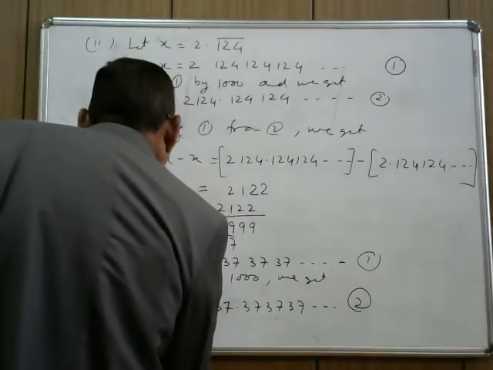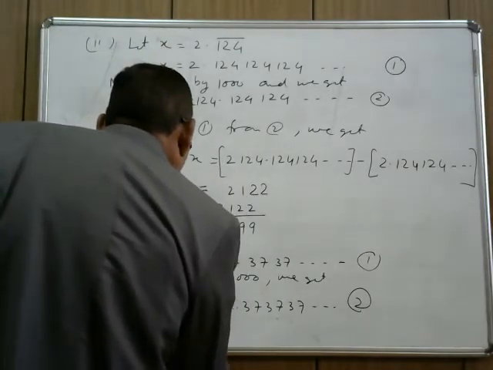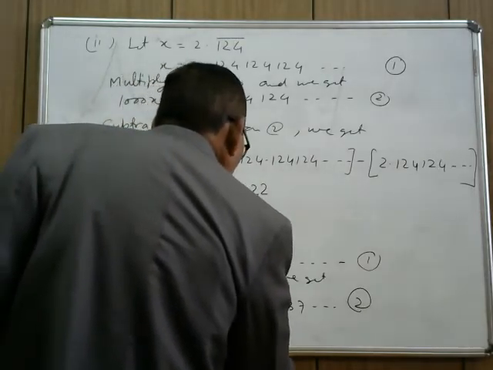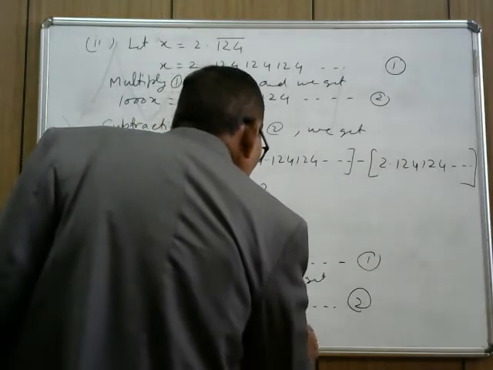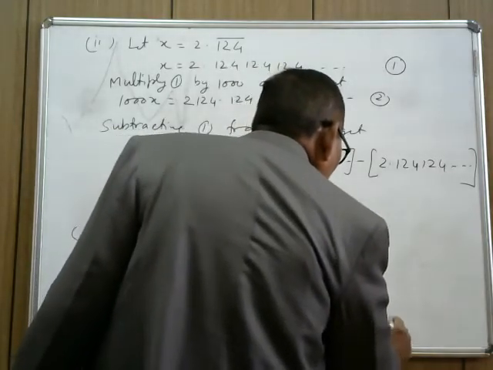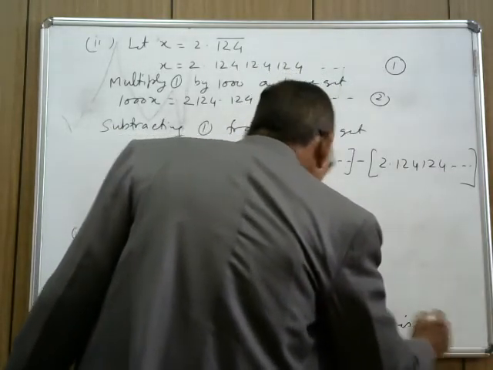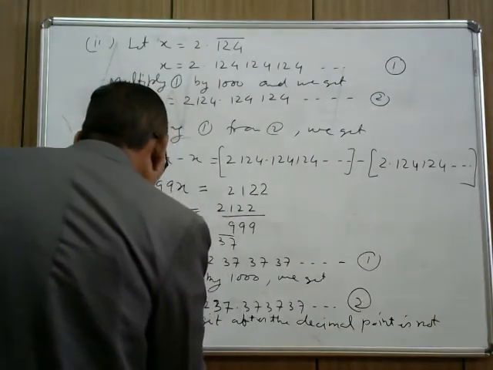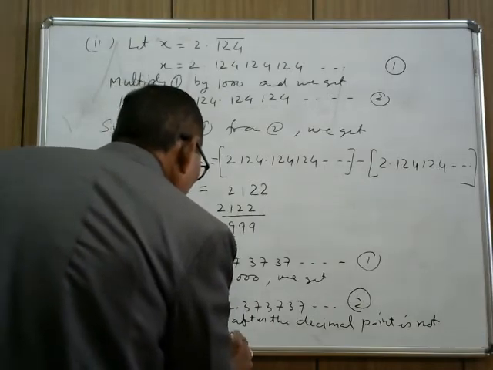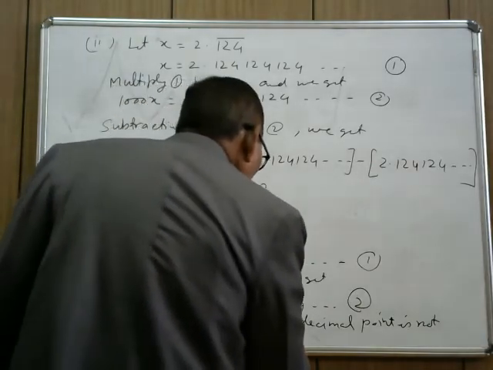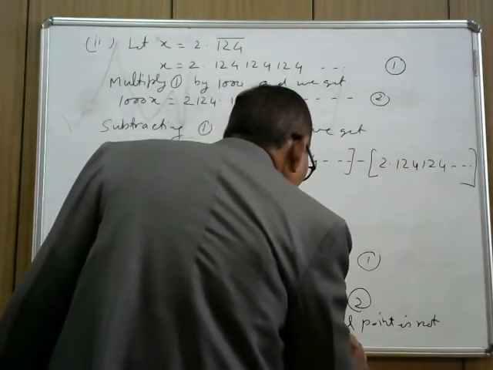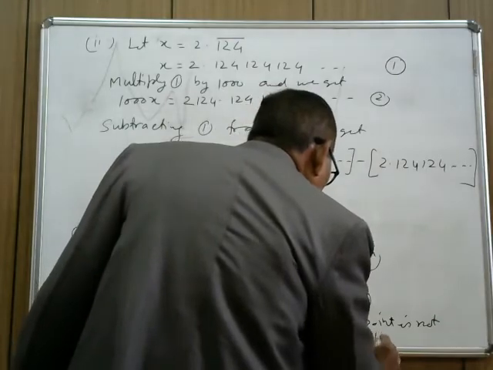Since one digit after the decimal point is not repeating, therefore multiply 1 by 10.